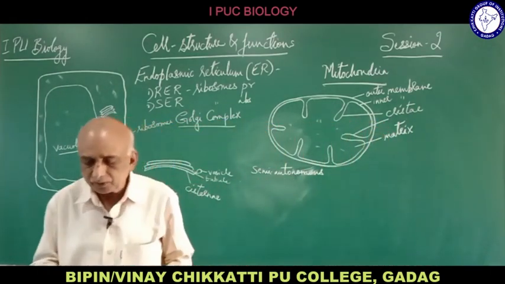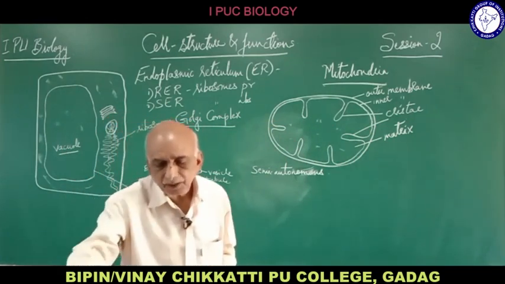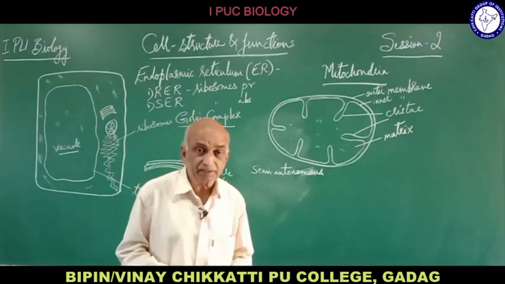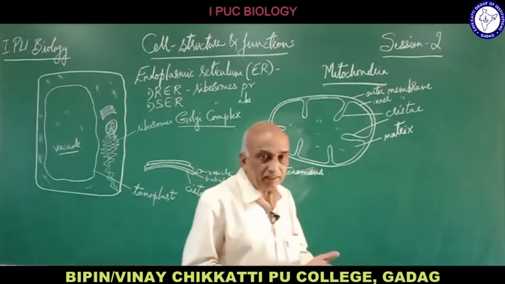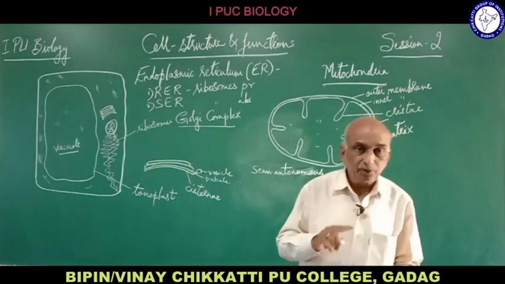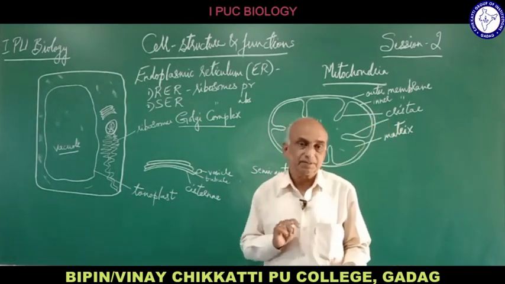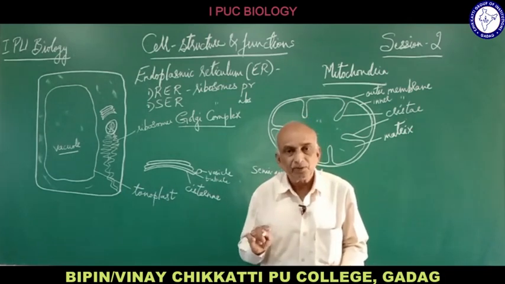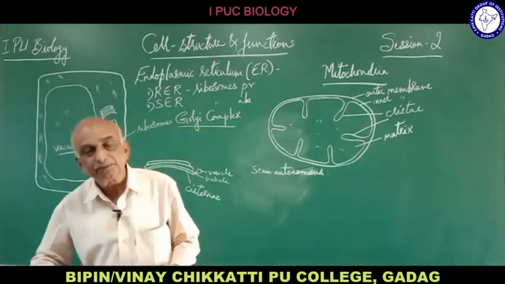The semi-autonomous organelles are so called because of the presence of their own DNA. This DNA, together with RNA, synthesizes the proteins in ribosomes. So the mitochondria do not depend for proteins on the other parts of the cell.